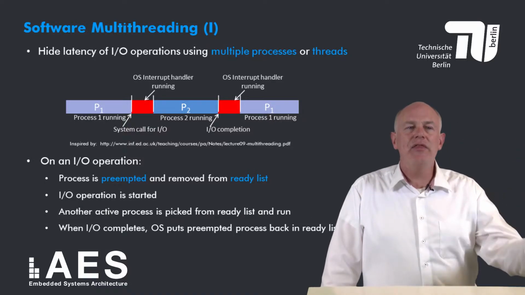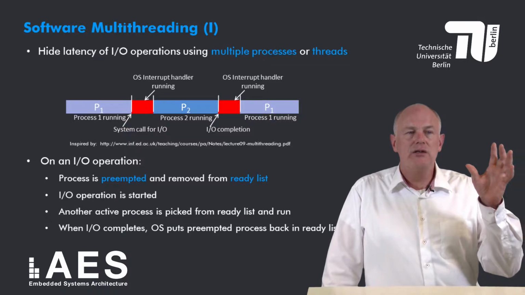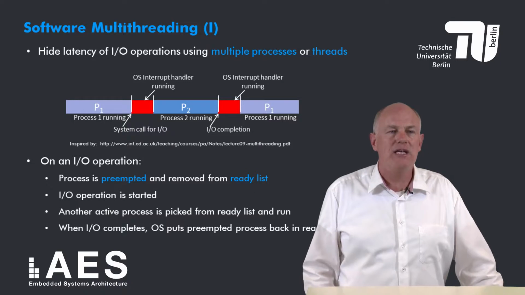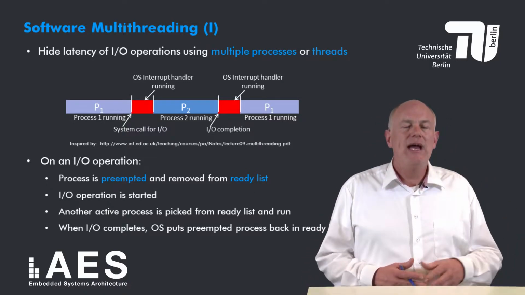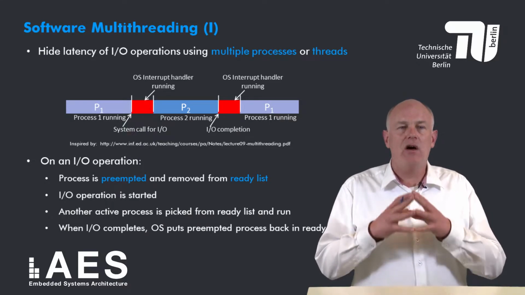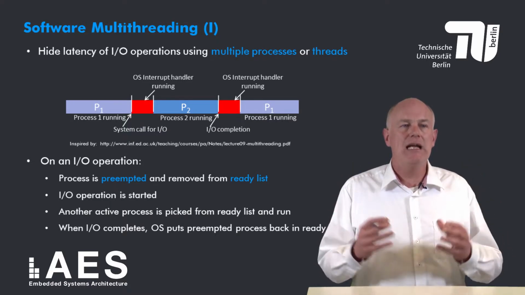That means that in the operating system, every time a process does an I/O operation, the process, which is the currently running program, is preempted and removed from the list of processes that are ready to execute, the ready list.